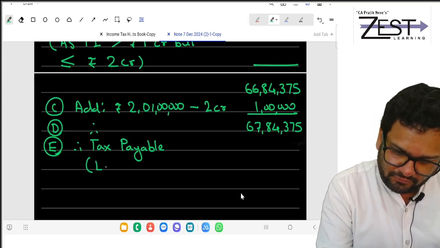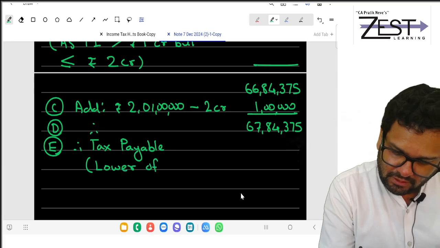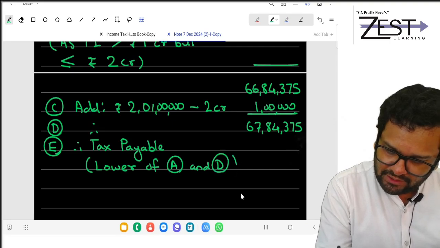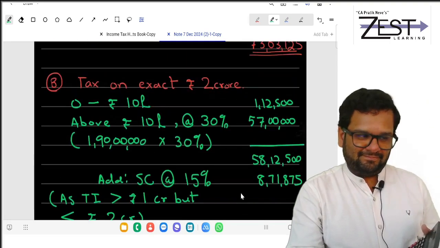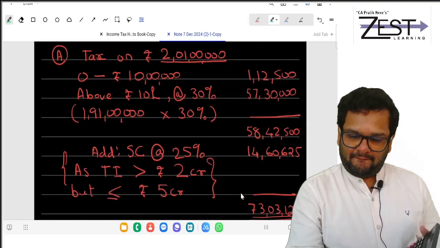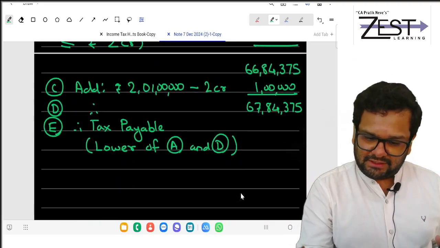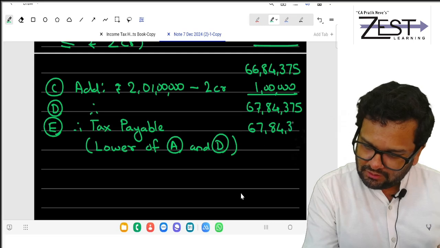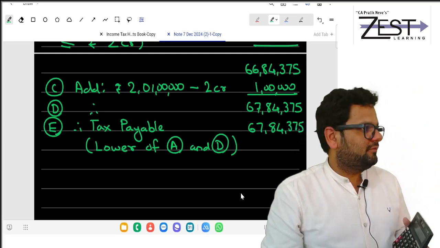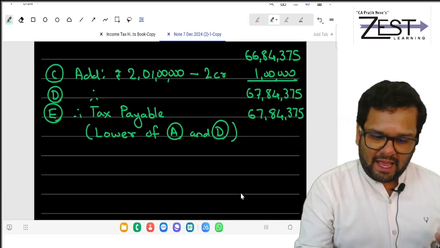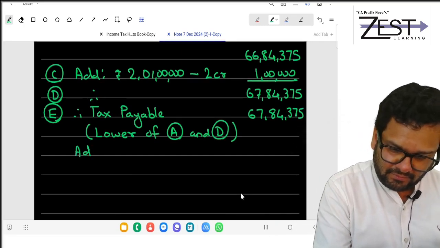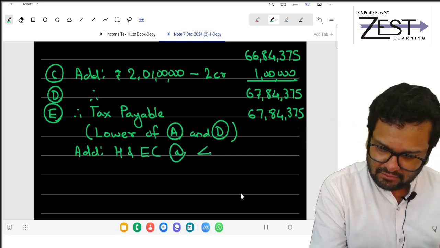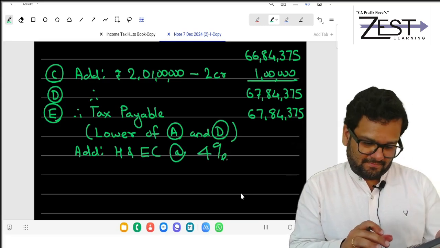Lower of A and D. What is lower of A and D? 67 lakh 84,375. You add health and education cess at 4%.